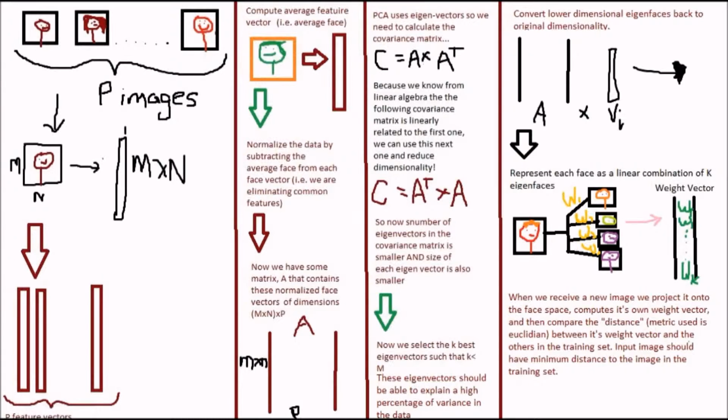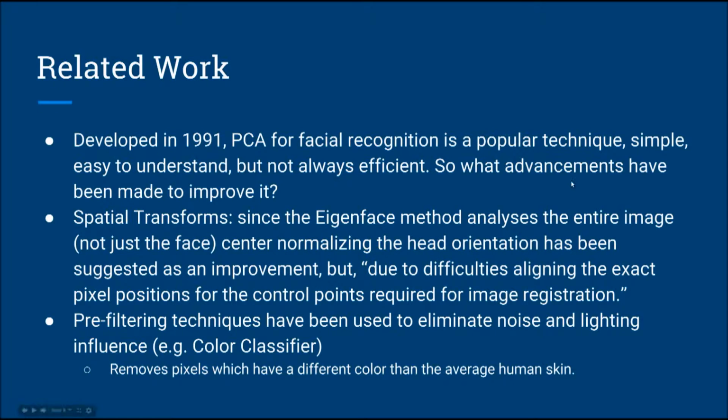And let me tell you a little bit more about PCA and related work. PCA for facial recognition is actually one of the least efficient algorithms, and you'll see why in a second. It's easy to understand, not very hard to implement, but it's not always that efficient.